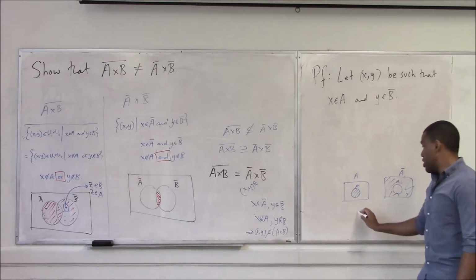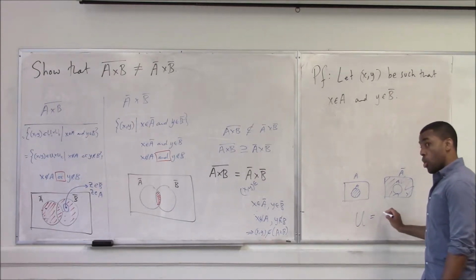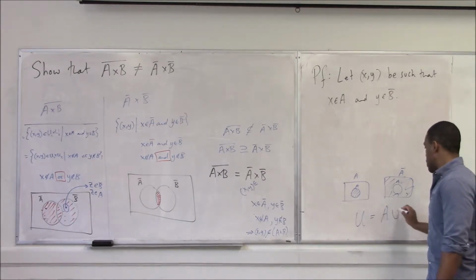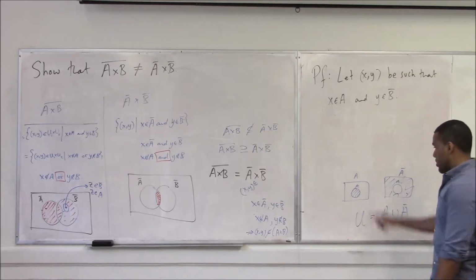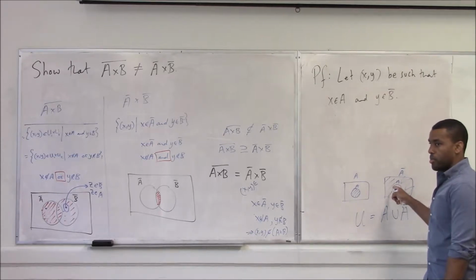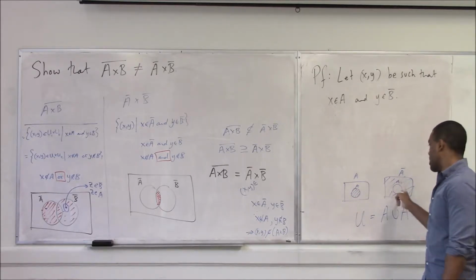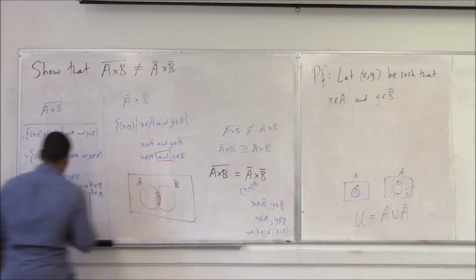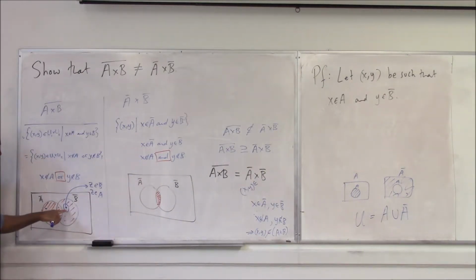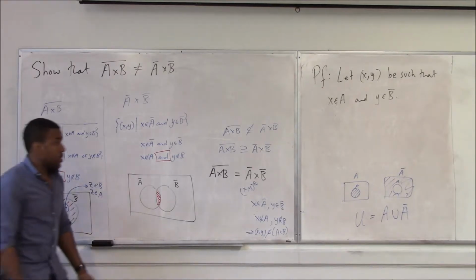In other words, the universe, you can always think of it as being a set union its complement. Because when you put them all together, you get everything. So if you're not in A, you're automatically in the complement. If you're not in the complement, you're automatically in A. So I'm not in the A complement circle, which means I'm in the A circle. I can only be in one place or the other.